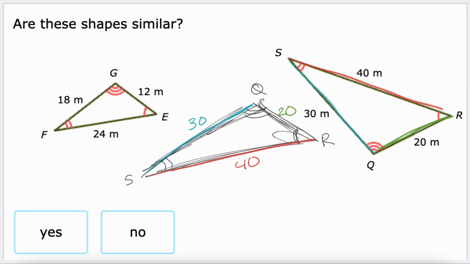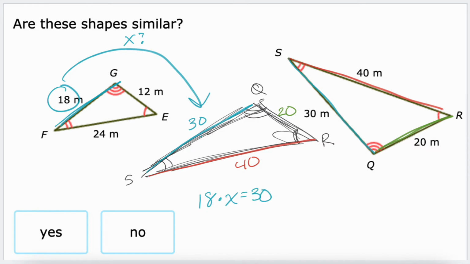Okay, so we want to determine, is our scale factor the same? So let's take a look at FG and SQ, the blue sides of our triangle. We want to know, what did we multiply 18 by to get to 30? Well, 18 times what number, x, an unknown, is going to give us 30.